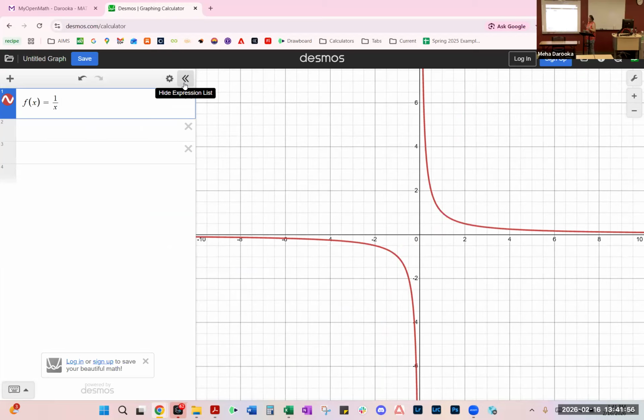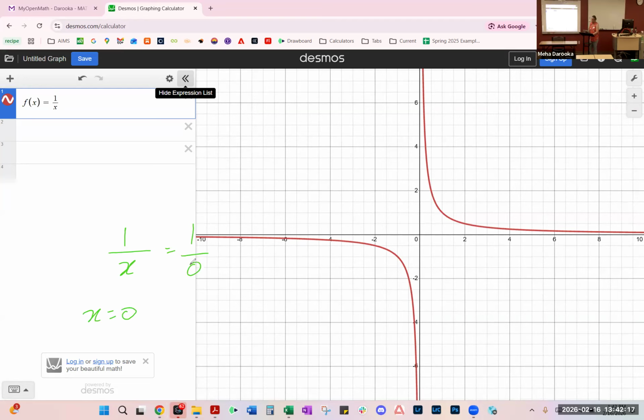Whenever your x is in the denominator, that means there's going to be some number which is going to make the denominator 0, which means you cannot use that number in your domain. So if you look at this function here, we've got 1 over x, and basically the idea is if your x is equal to 0, right?